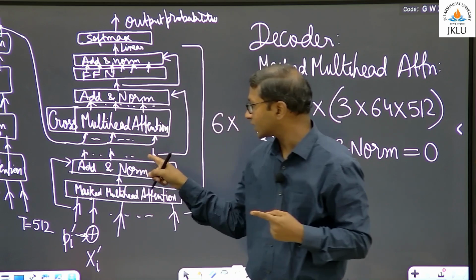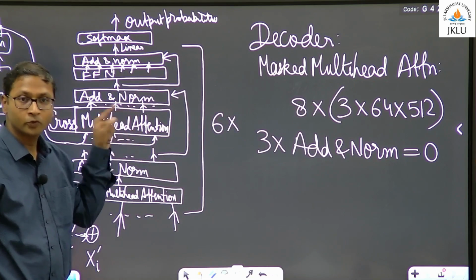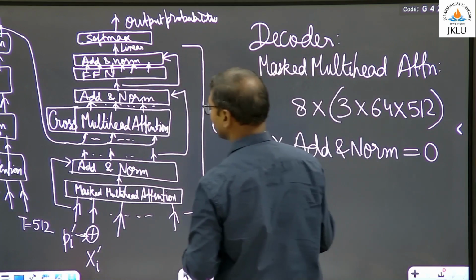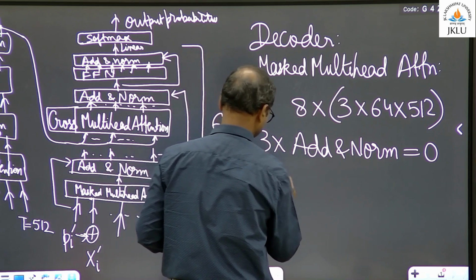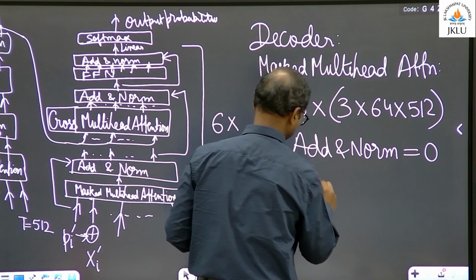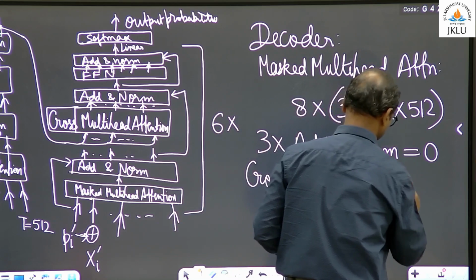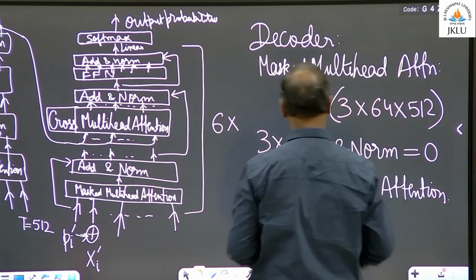Now what happens here? Your Q's are coming from the decoder. How will you compute queries? So for cross multi-head attention, how will this look again?